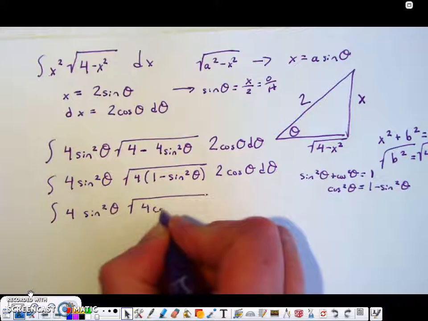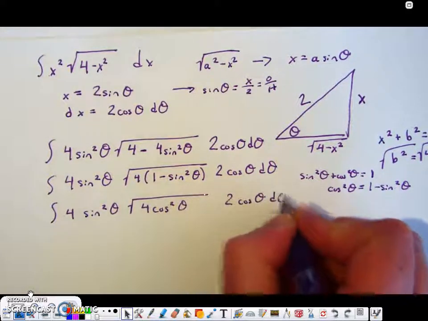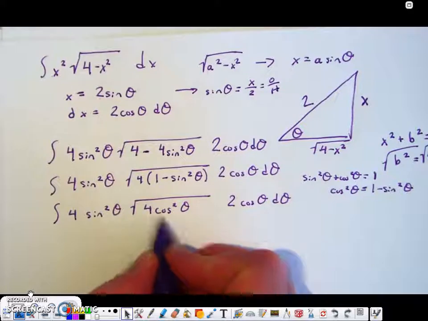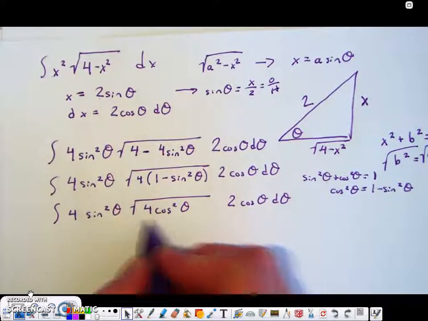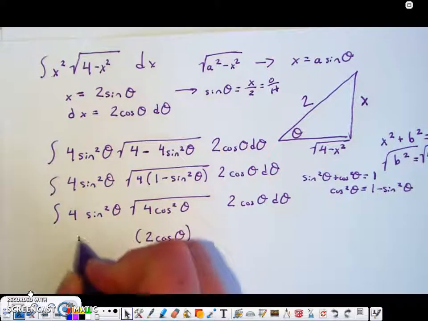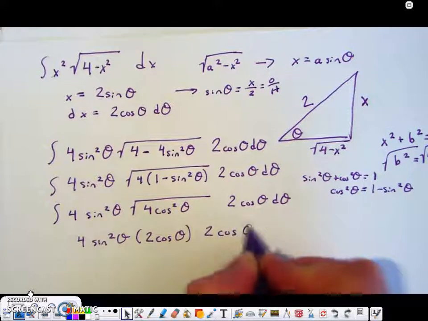So this would be 4 cosine squared theta times 2 cosine theta d theta. Okay, and we can take out this 2. So this would be 2 cosine theta, and we still have this 2 cosine theta.